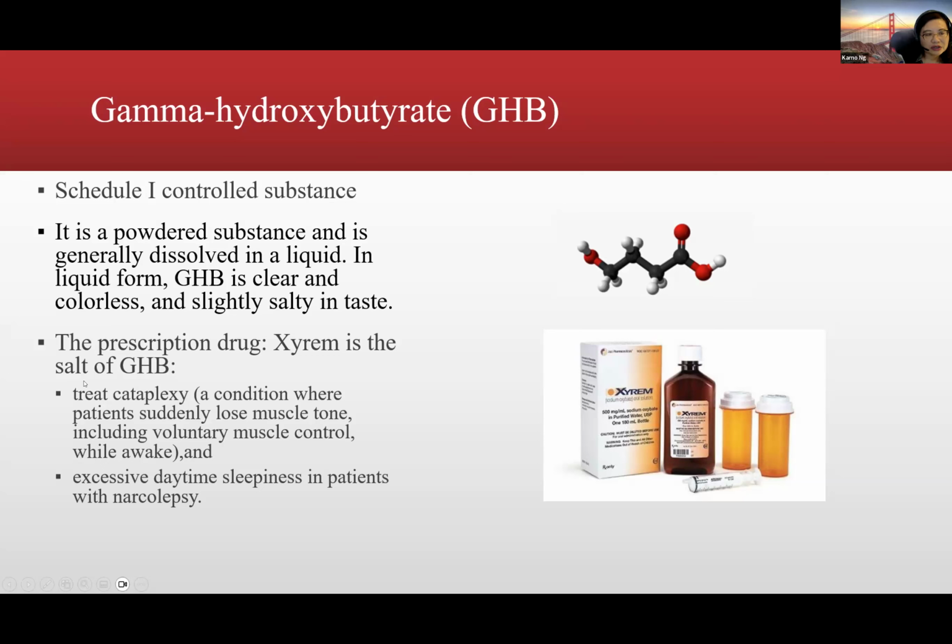This drug is also used as a prescription drug with the brand name Xyrem. It's used to treat cataplexy, a condition with a sudden loss of muscle tone, and also excessive daytime sleepiness in patients who suffer from narcolepsy.